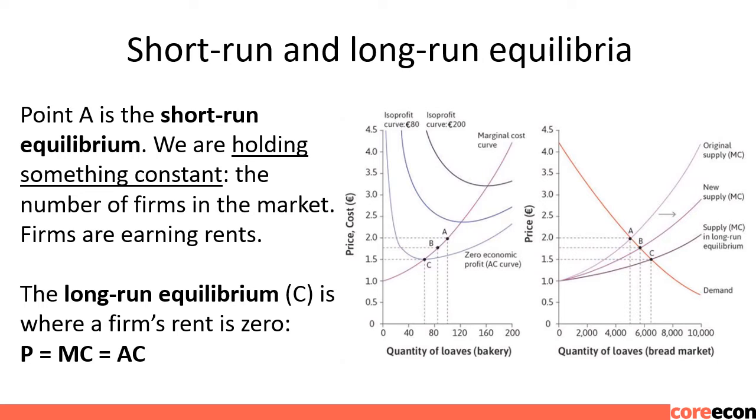We call it normal profit. The long run equilibrium C is where a firm's rent is zero. Price equals marginal cost equals average cost. Or in long run equilibrium, P equals MC equals AC, including the opportunity cost of capital.